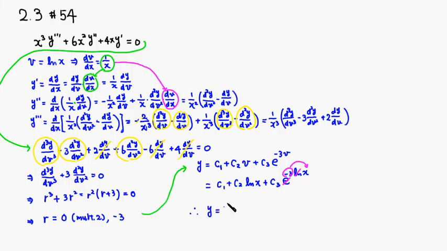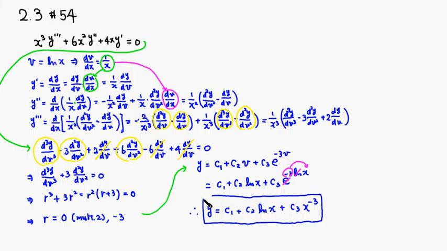So y is equal to c1 plus c2 times natural log of x plus c3 x to the negative 3. So that's the general solution to the original Euler equation. That's it. I hope that this was clear.